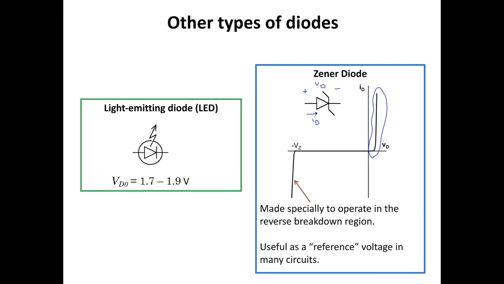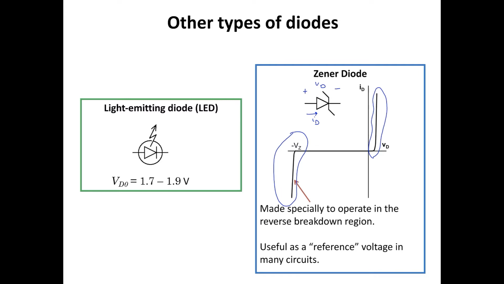Unlike the regular PN junction diodes, Zener diodes can also operate in the Zener region when they are reverse biased and in the reverse breakdown region, which is this region. In that case, VD is going to be equal to negative VZ, and in piecewise linear model, we're going to assume that the voltage drop across the diode is going to be at the constant value equal to negative VZ, or the Zener voltage. And in the Zener region, the current that flows through the diode has a negative value.